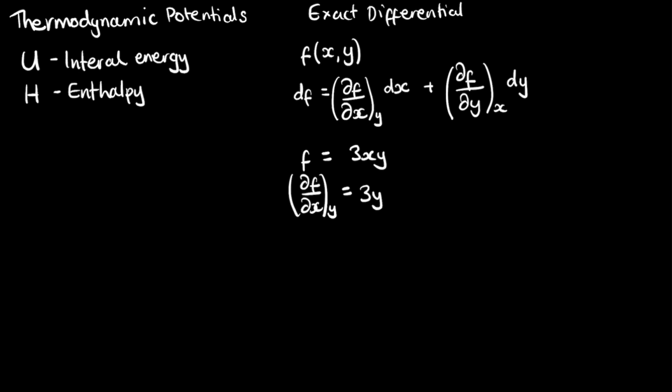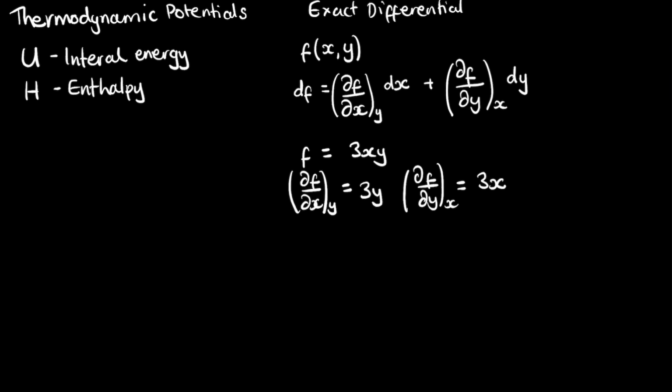That's the partial derivative with respect to x, keeping y constant. And of course vice versa, if I differentiate with respect to y, keeping x constant, then I end up with 3x. So you treat the other variable as a constant.